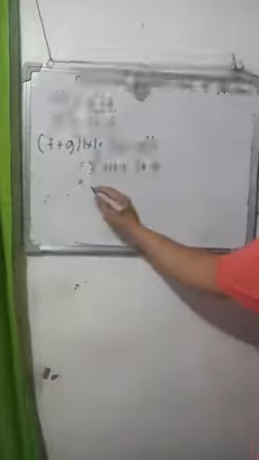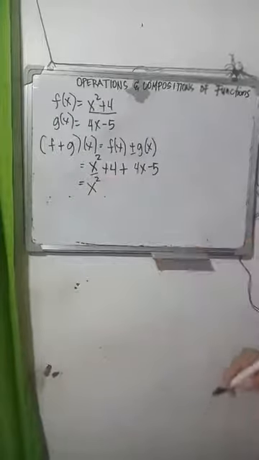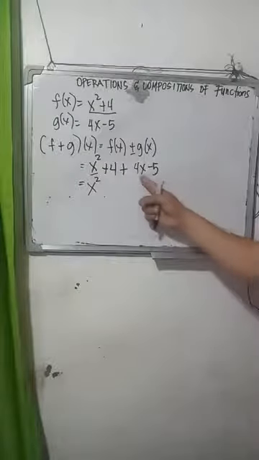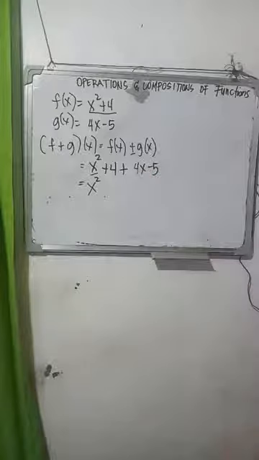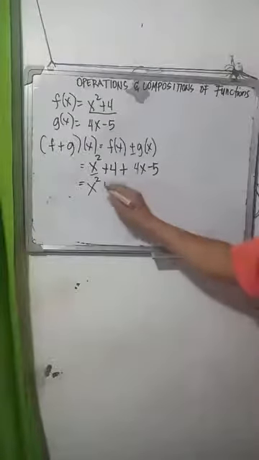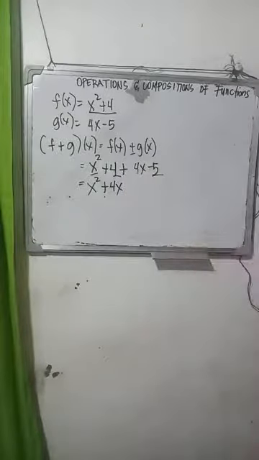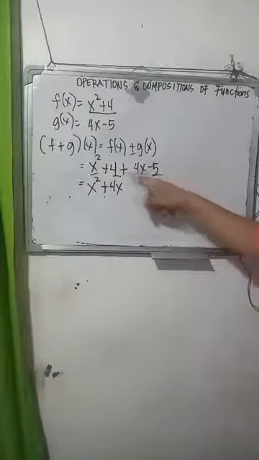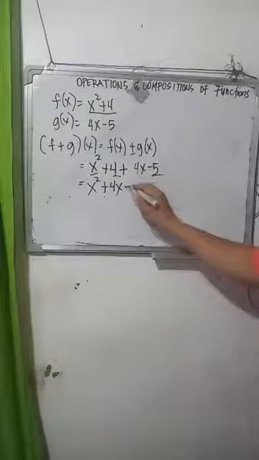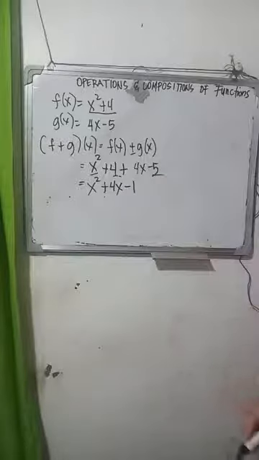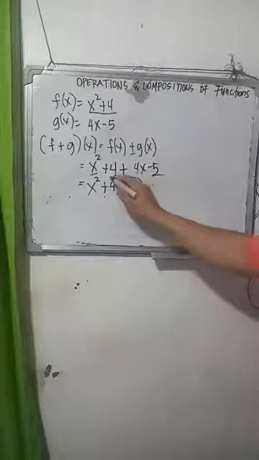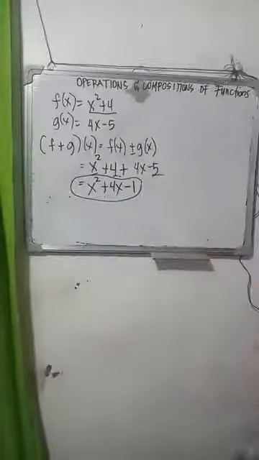So just copy. How about yung 4x natin? May like terms ba? Okay, wala rin. So plus 4x. How about 4 and negative 5? Like terms ba? Okay, very good. That is constant. So 4 minus 5, that is negative 1. So our final answer, x squared plus 4x minus 1.